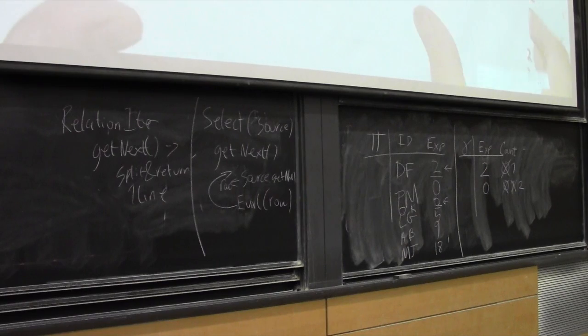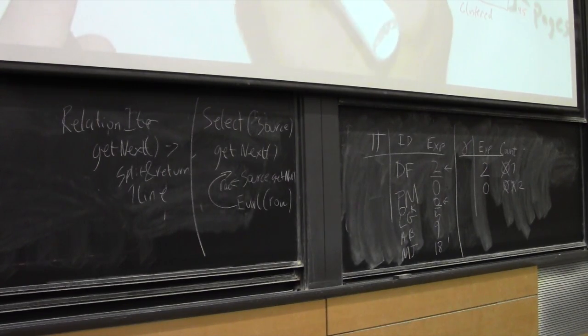So let's say I have 4 buckets. So I've got bucket 1, bucket 2, bucket 3, and bucket 4.